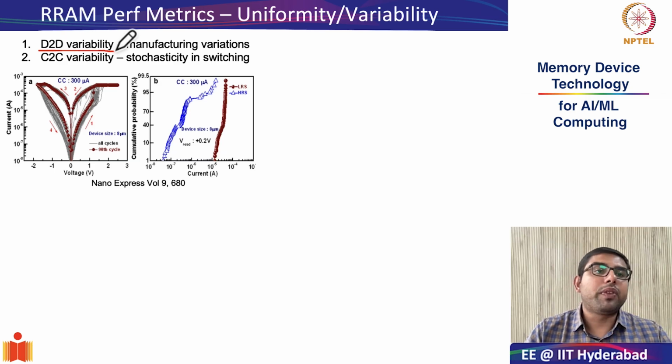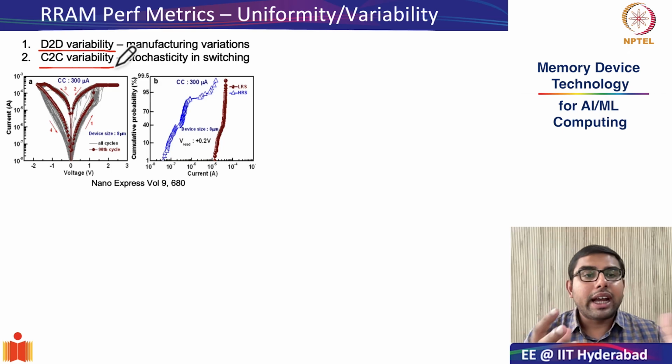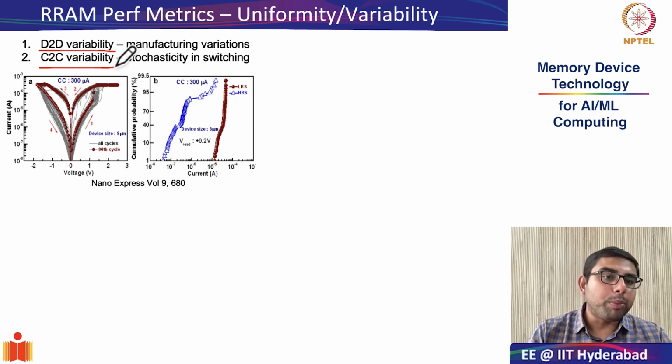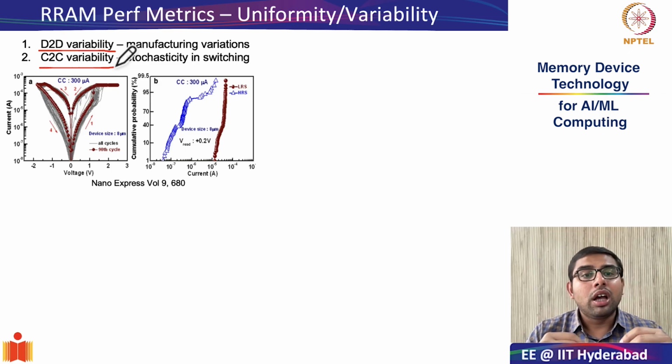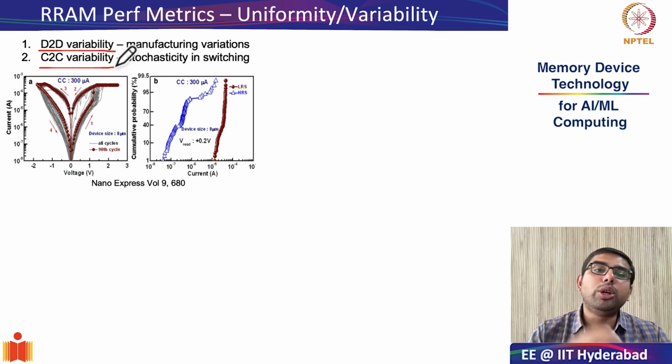The next is C2C, or cycle to cycle variability. This indicates the variability that occurs when the same device is switched across different cycles. C2C variability generally happens because there is an inherent stochasticity in the filament formation and dissolution process.